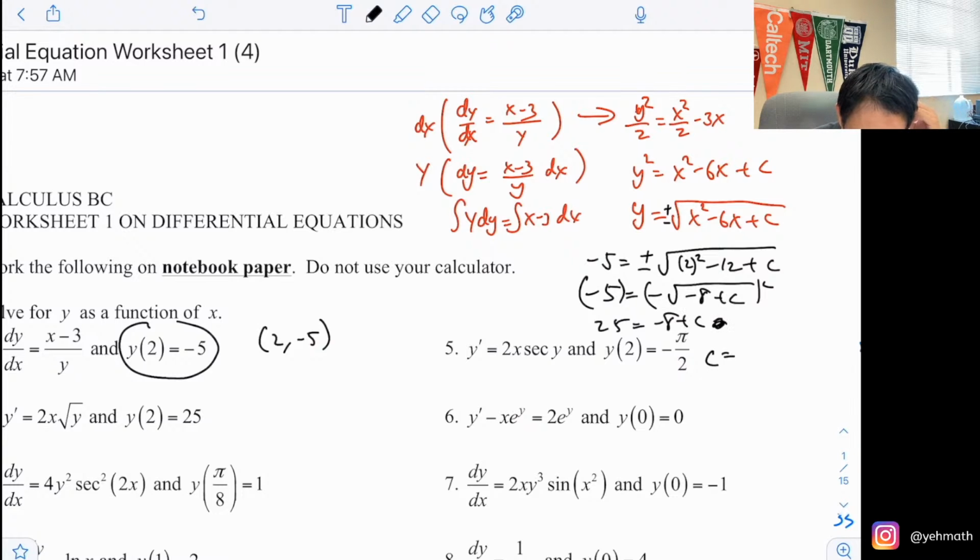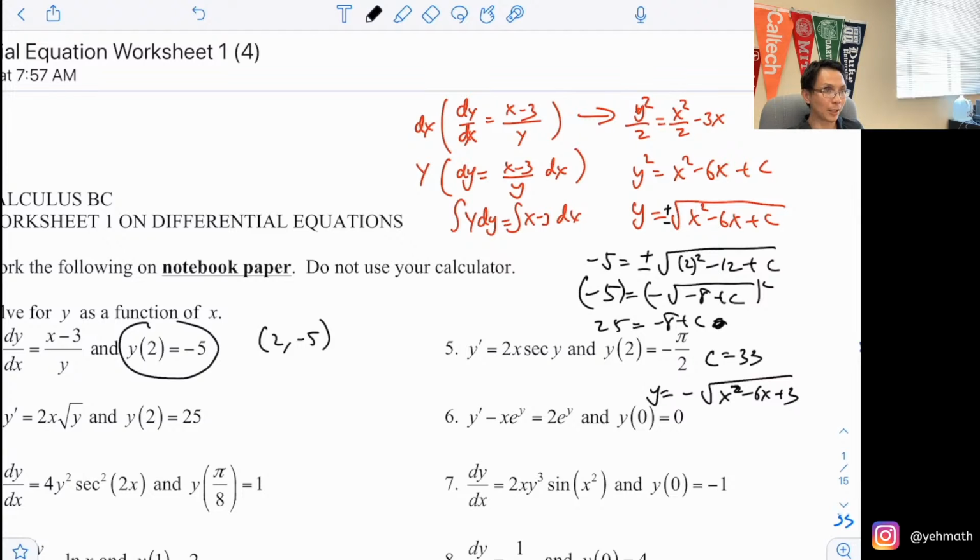So c is equal to 33. Now be careful how you write down the final answer. The final answer ends up being negative x squared minus 6x plus 33. But you do see that there's a negative sign in the front of the particular solution. Why do you put the negative sign in the front? Because in order to get -5 for y, that negative sign has to be applied there.